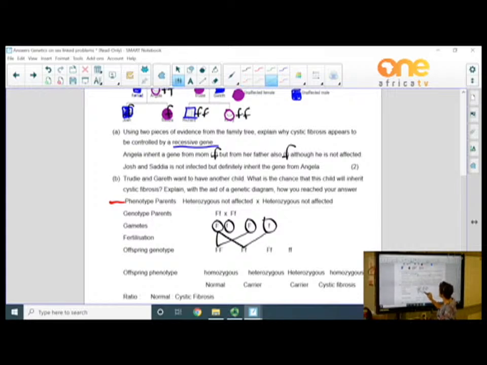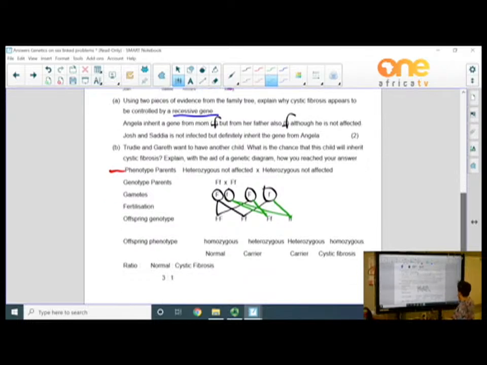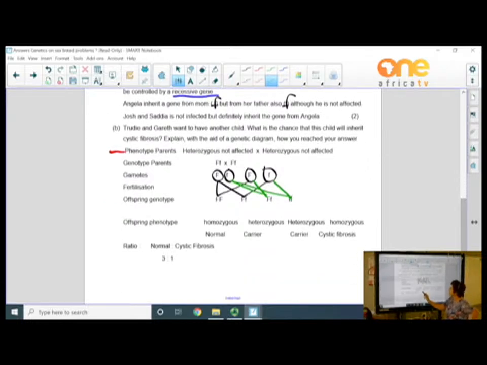And just to make it a bit easier to see the different fertilizations, we see that we have offspring 1, 2, 3 that are not affected and 1 that is affected. So, we will have normal to cystic fibrosis, 3 to 1.